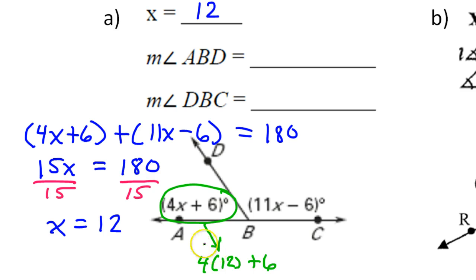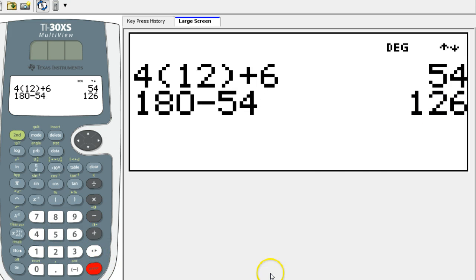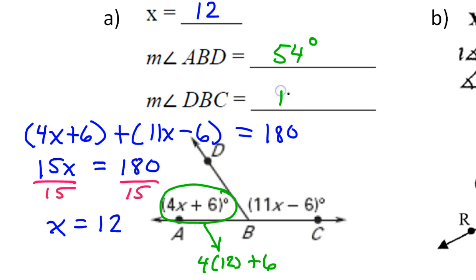That's 54, so this is 54 degrees. Now how about DCB? I could plug in the 12 again, or I could just subtract from 180 since these have to be supplementary. So 180 minus 54, and that's 126. Or you could plug in the 12 again and you should get the same thing.